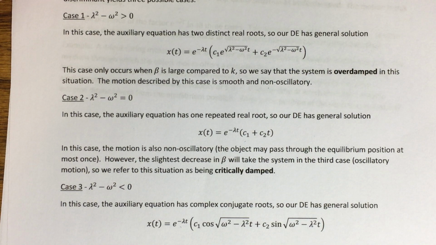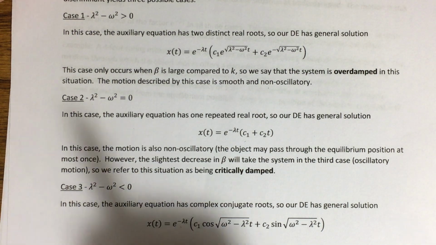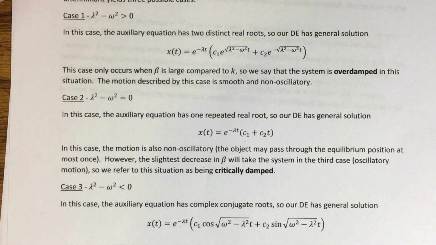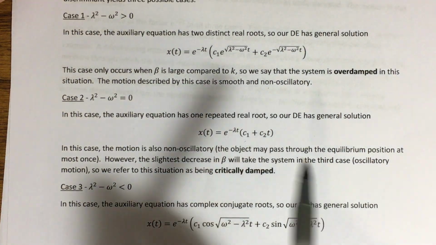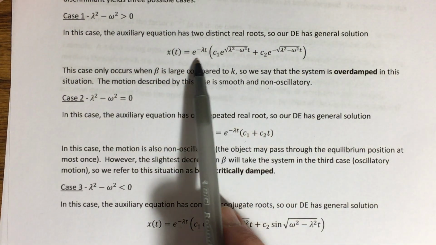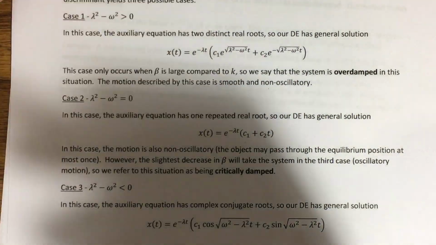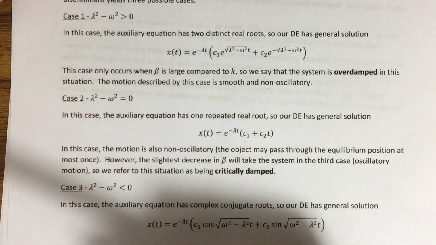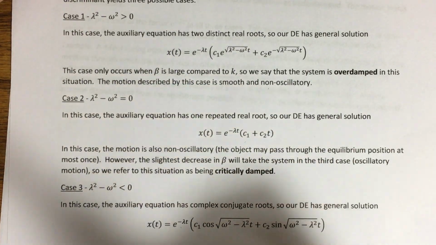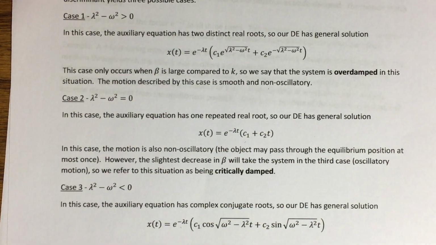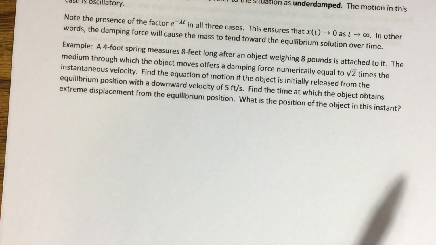What that means in the physical sense, remember x of t equals 0 corresponds to our equilibrium position. That makes sense on an intuitive level. What it's saying is that the damping force is slowing the movement of our object and having it tend toward equilibrium over time. Okay?